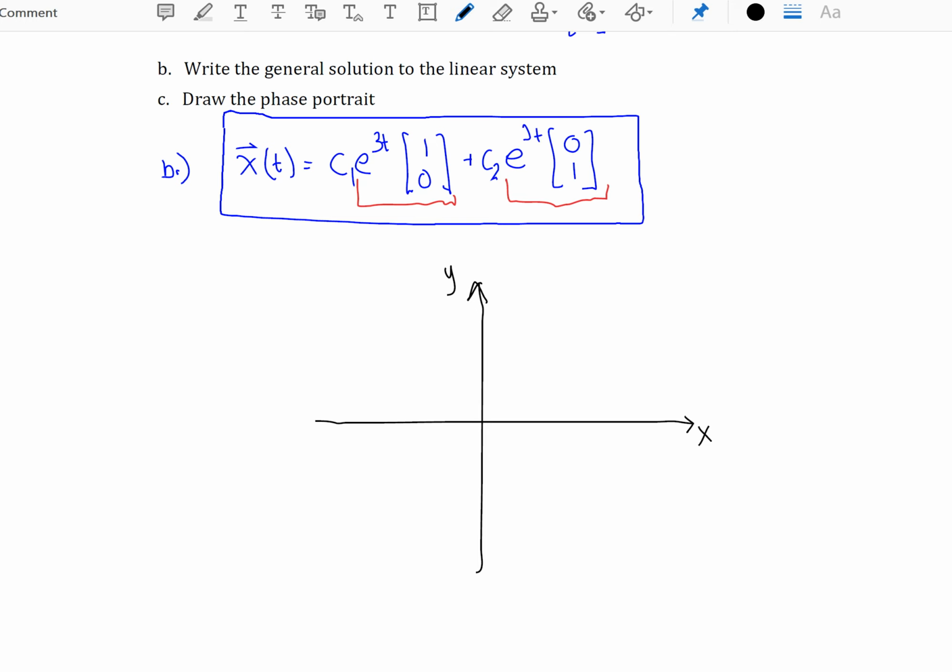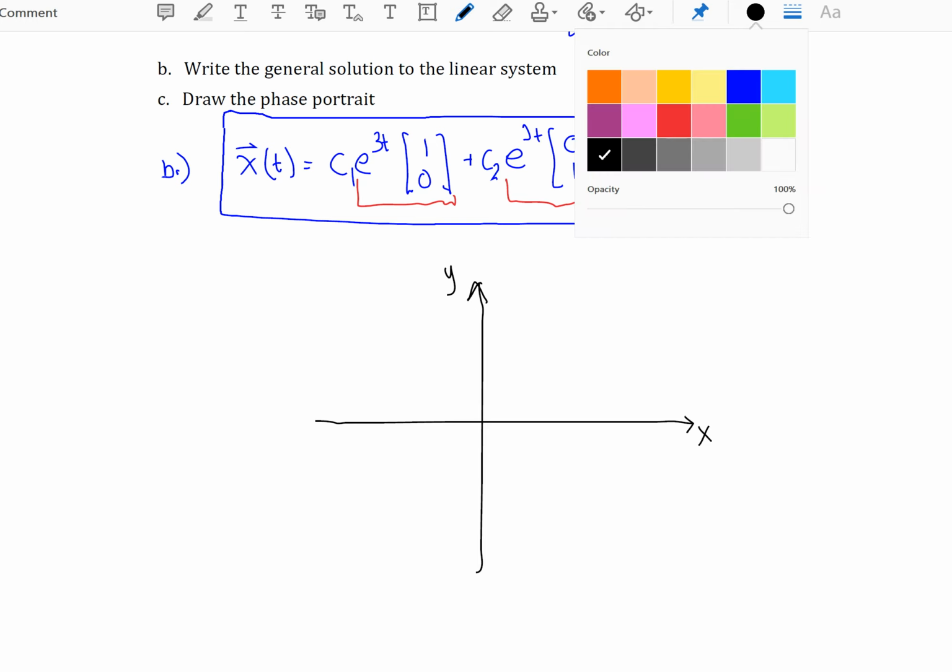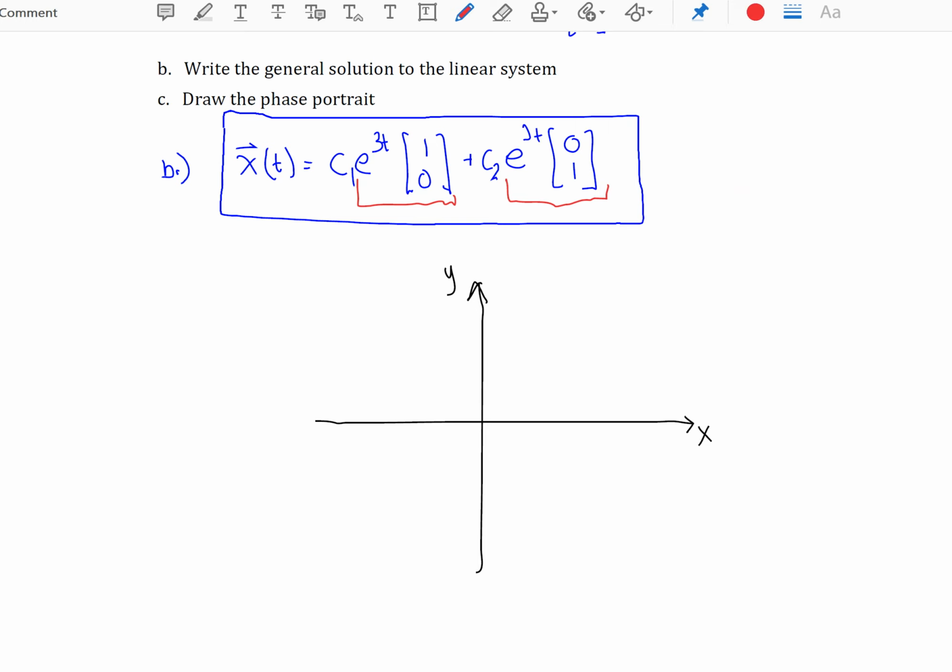And let's start with our two eigenvectors that we chose, 1, 0 and 0, 1. 1, 0 would be an eigenvector that's associated with the x-axis. The second one, 0, 1, will be associated with the y-axis.